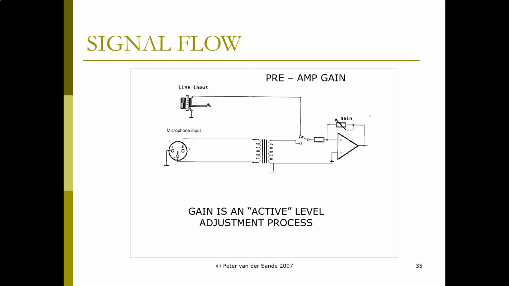So you want to turn the gain up as little as possible to get that nominal signal level, because the higher the gain, the more noise, and the more noise reduces your signal to noise ratio. So these two components are resistors, and the ratio between these two resistors is equal to the gain.